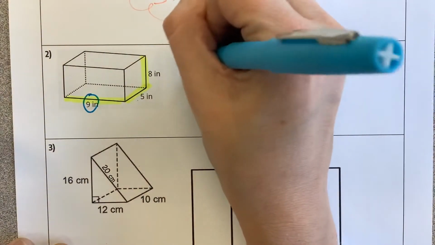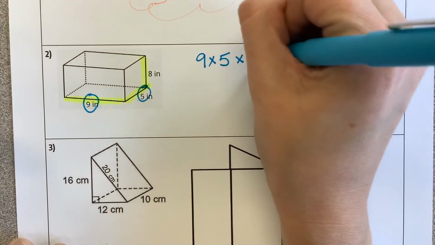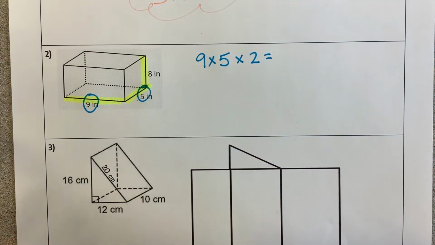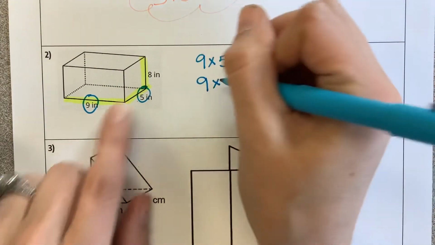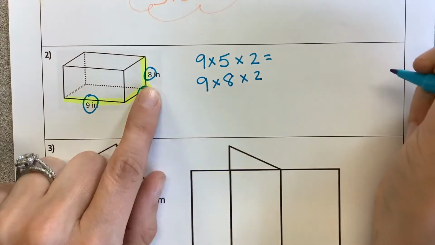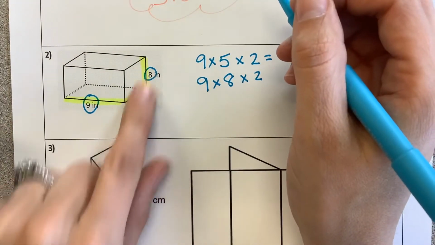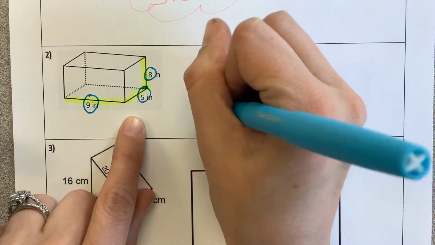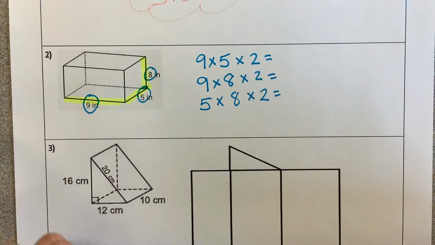I'm going to multiply it by one of the dimensions, the 5, and I'm going to double it because there are two of them. Then I'm going to start with the 9 again, but use our other dimension, which is 8, and double it because there's two of each rectangle. And then I'm going to pair the ones that I haven't paired yet, the 8 and the 5. And double it again because there are two of each.